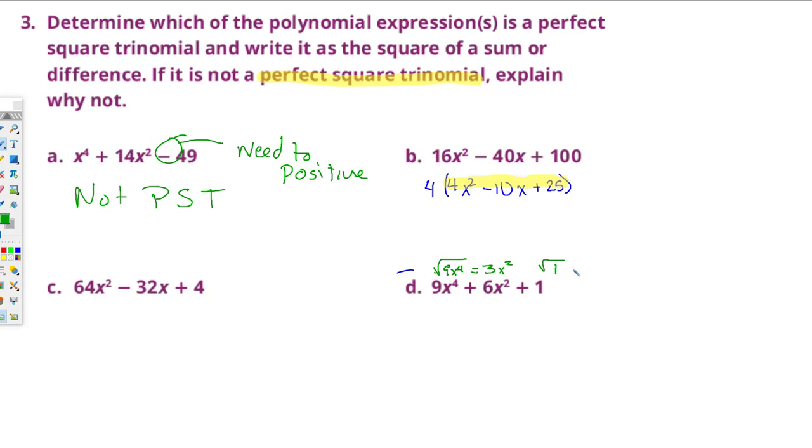What's the square root of 1? 1. And the product of those two is 3x squared times 2, does that equal 6x squared? Okay, see, I didn't take the square. Okay, that makes more sense.